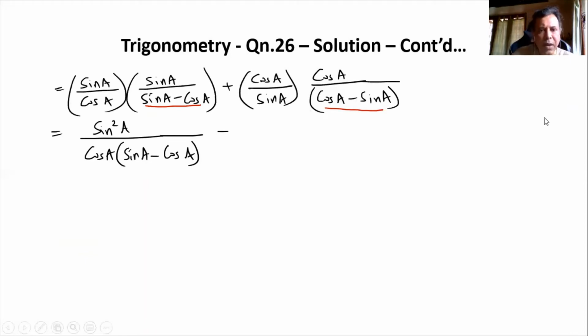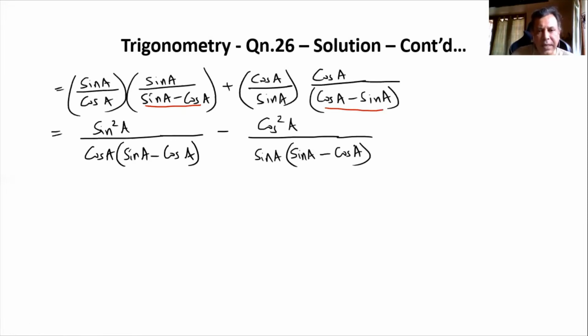So you have here cos square A divided by sine A into, now since we have taken negative outside, we will write sine A with the positive, cos A with negative. Now we may note these two terms are same, sine A minus cos A are there in both these terms, right?